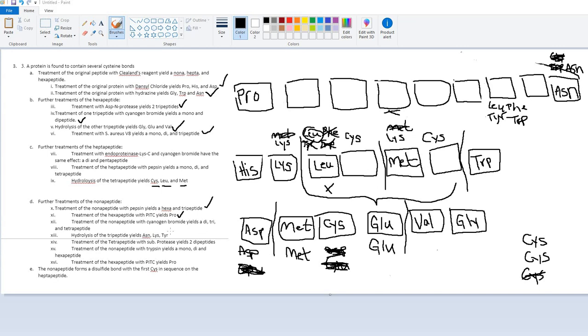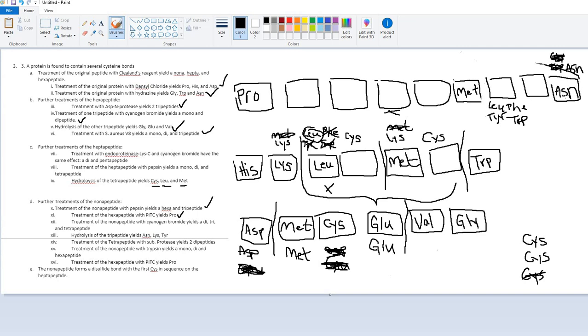The next clue says that hydrolysis of the tripeptide yields asparagine, lysine, and tyrosine. Now, we already know that the asparagine is in this 3rd spot, so this must be the location of one of the methionine cleaves right here, because the tripeptide that methionine cleaves contains the asparagine.